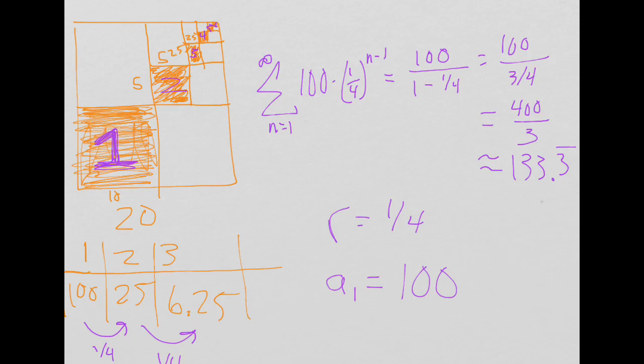But if you think about that compared to the total area of the original square, that's a 20 by 20 square, meaning it's going to be 400 total. And if you take the area that we have, 133.3 repeating, don't ever write a fraction like that, I'll be mad at you.